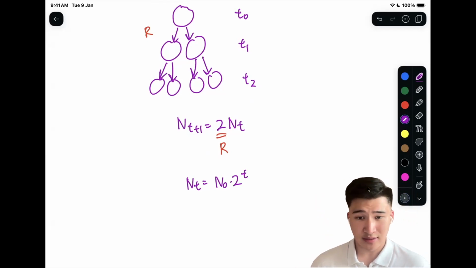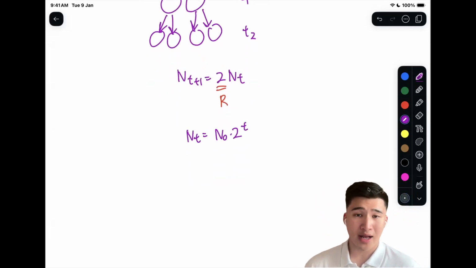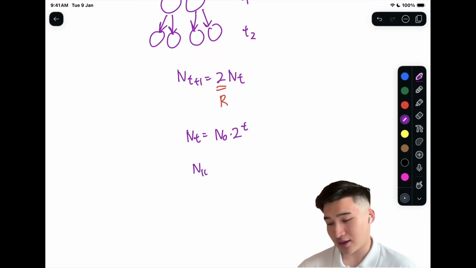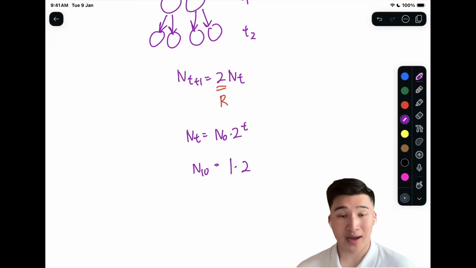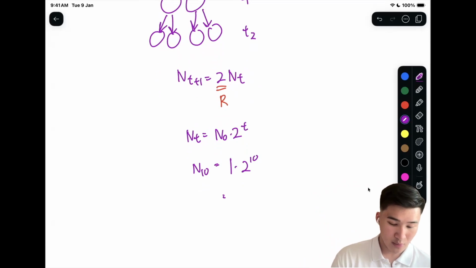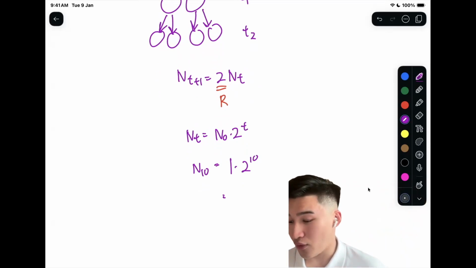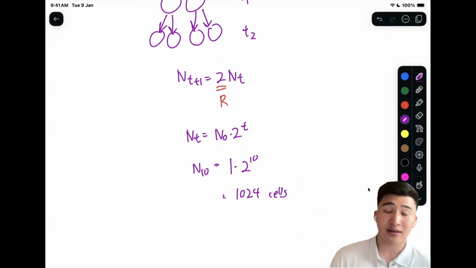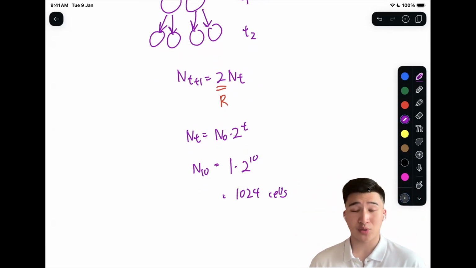So for instance, very simple: how many cells after, let's say, 10 cycles of division? Again, it's N10, which is N naught, 1, times 2 to the power of 10. And 2 to the power of 10, we will have 1,024 cells. So after 10 generations, we'll have 1,024 cells.